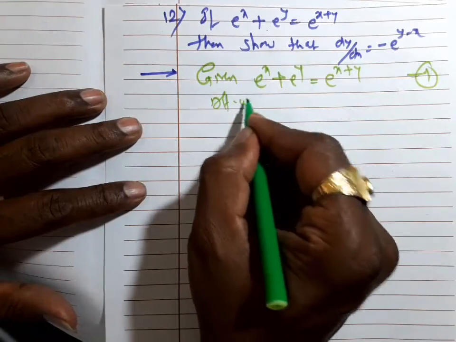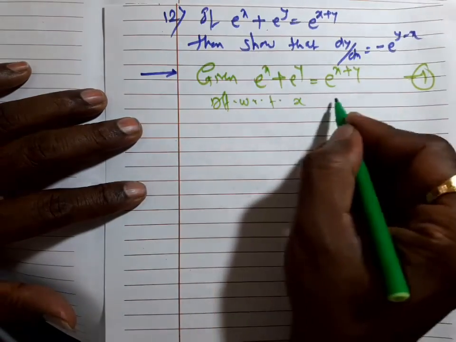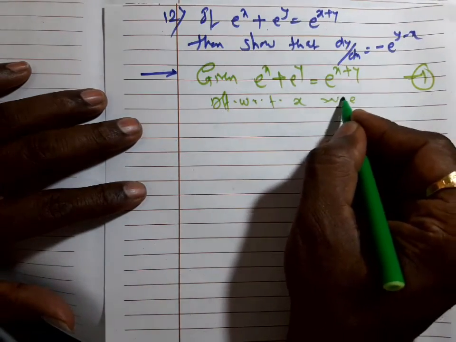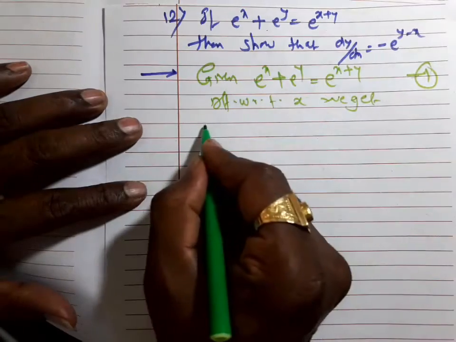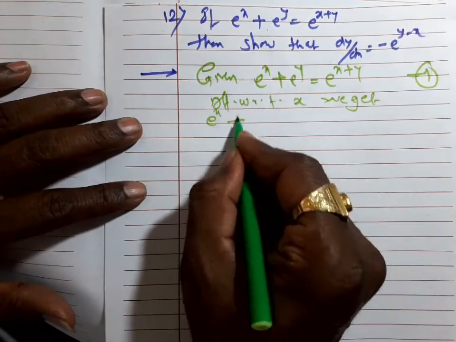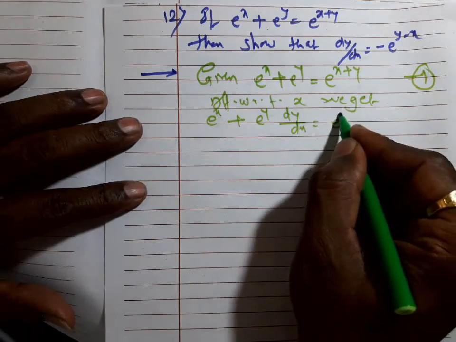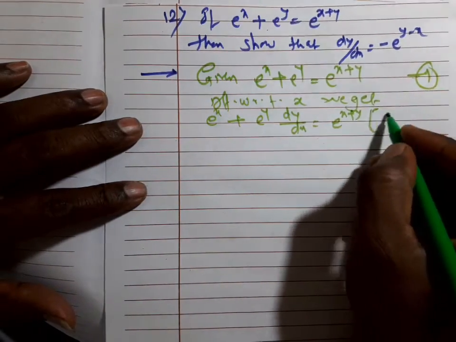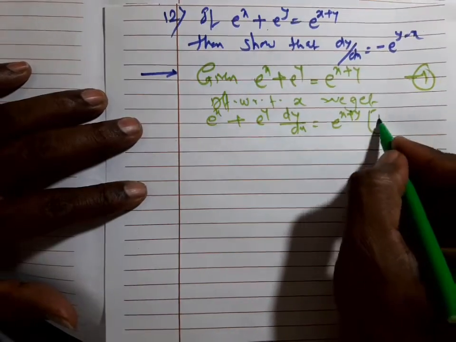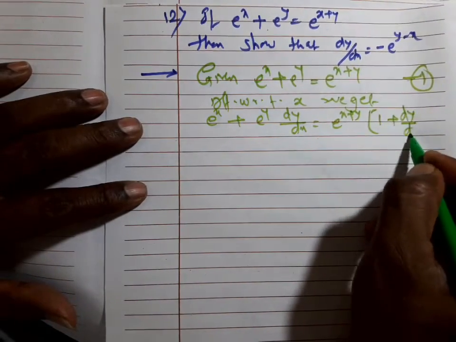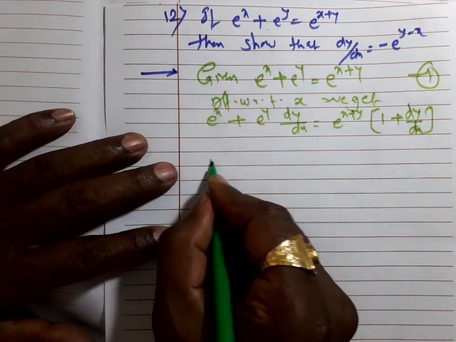Now differentiate with respect to x, we get e raised to x plus e raised to y into dy by dx. Derivative of e raised to x as it is, into bracket, derivative of x plus y is 1 plus dy by dx.